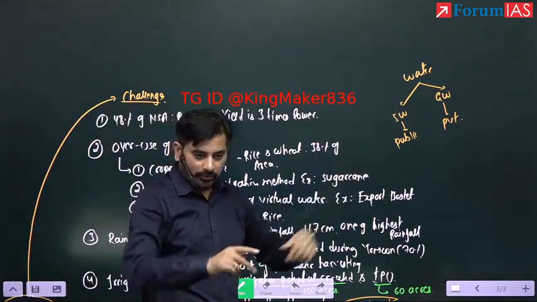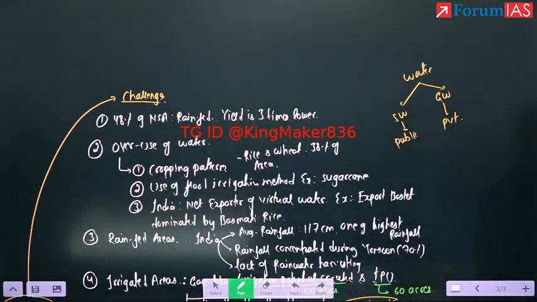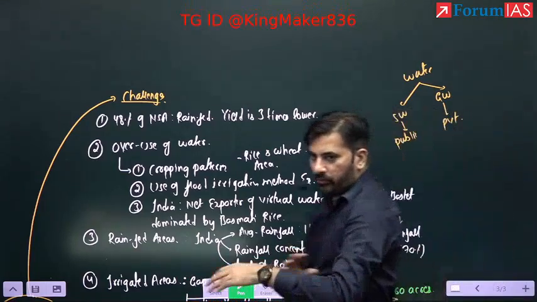Indian Easement Act. So right, Indian Easement Act, put a hyphen and write: Landowners have complete access to groundwater, since it is treated as a private property.